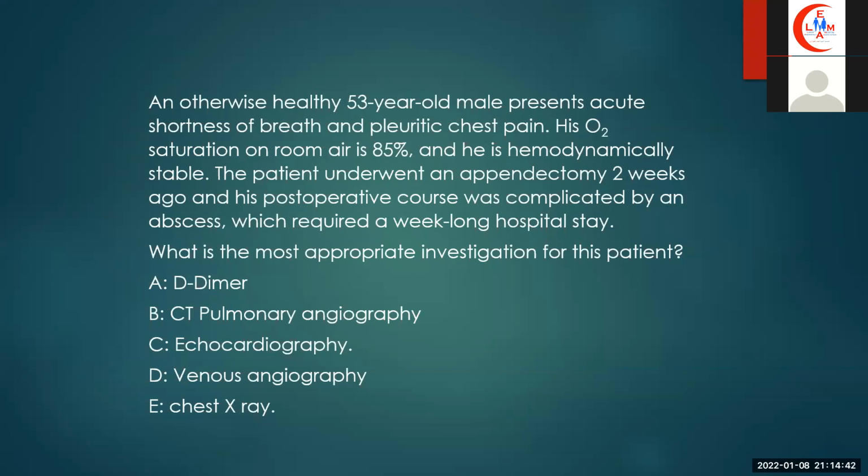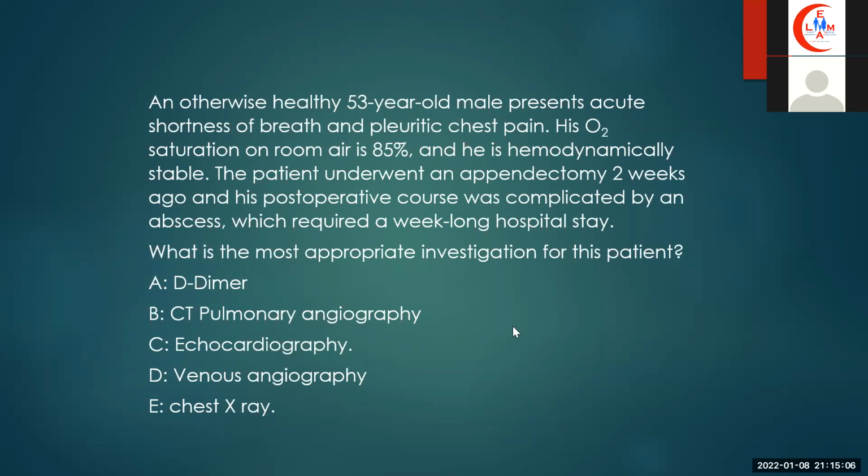If it is a low risk patient, yes, you can do the D-dimer. But if it is a high risk patient, and clearly it's a high risk patient, straight away you should do CT pulmonary angiography. And the risk factors, as you know, are what we call the modified Wells criteria.